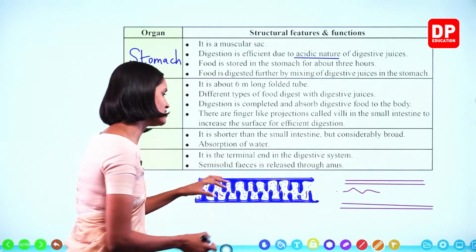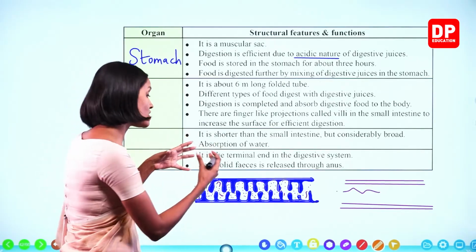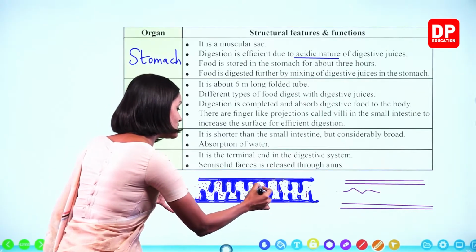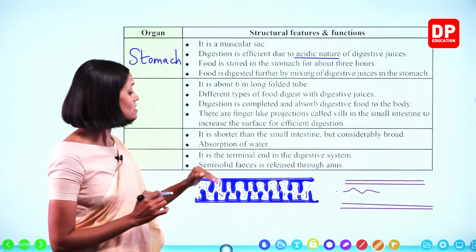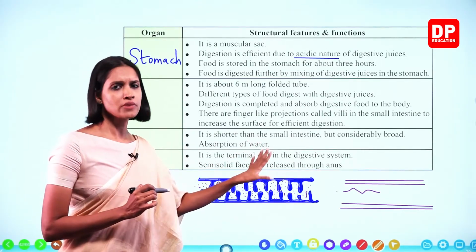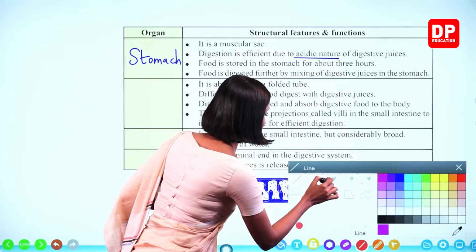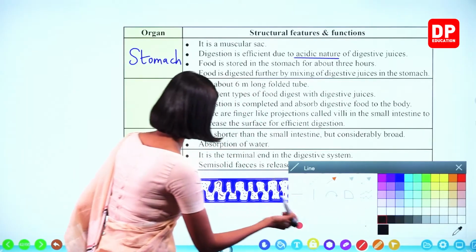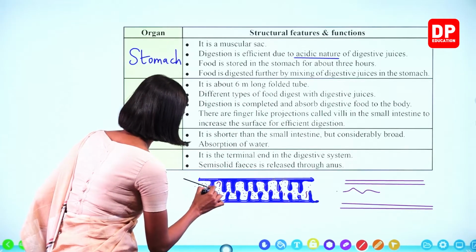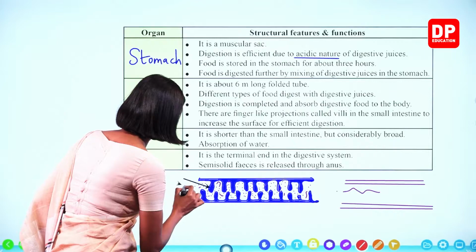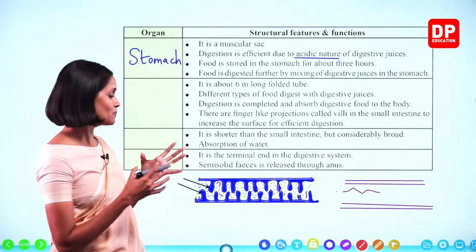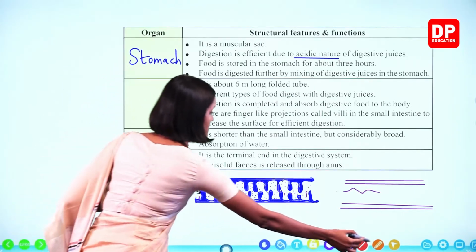You are going to learn that there are other special parts present in this type of finger-like structures. You are going to learn it in the upper grades. Right, children? So these finger-like projections are known as villi. One structure is known as villus. The plural form is villi.